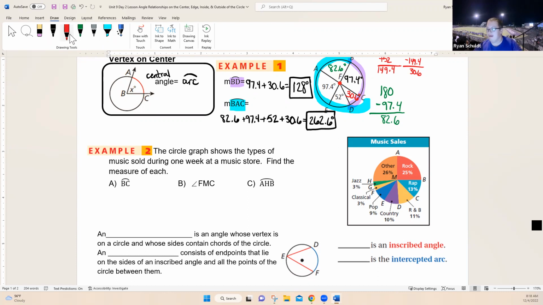Arc BC goes from B right here to C. That's the rap wedge, which is 13%. So I need to get 13% of 360. .13 times 360. I think that's 46.8 degrees. That's all we had to do.